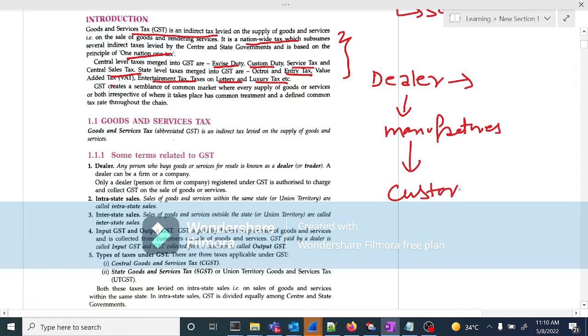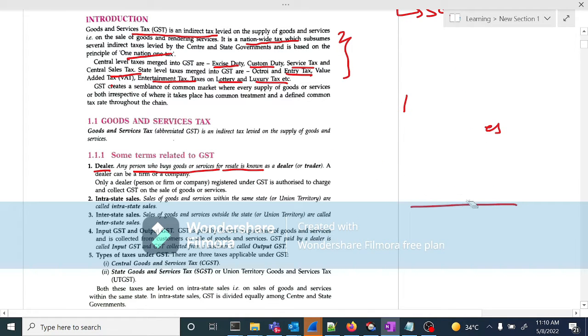Customer, why customer? Because customer consumes goods. So who is dealer? A person who buys goods and then resells. So dealer is clear. Someone who buys goods for reselling them is called dealer. Customer is someone who consumes goods, right?